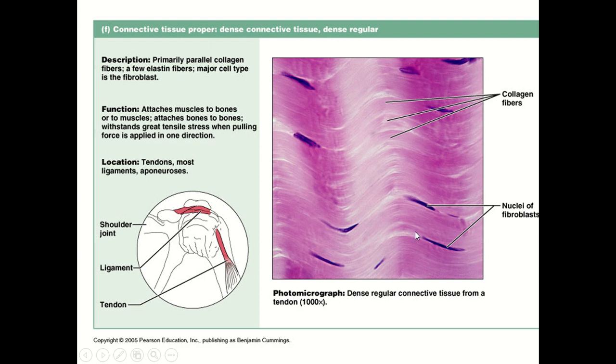It functions to attach muscle to bone, muscle to muscle, bone to bone, and also to withstand great tensile stress when the force is applied in one direction, such as in your tendons and most of the ligaments also.